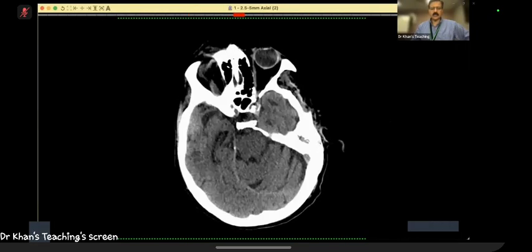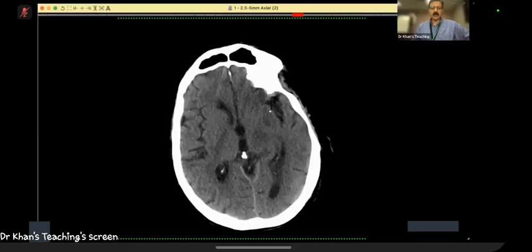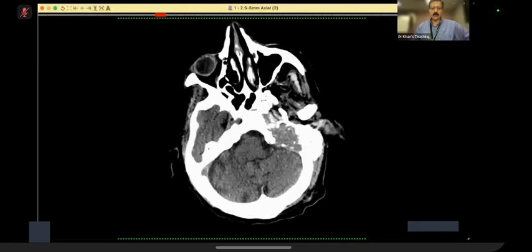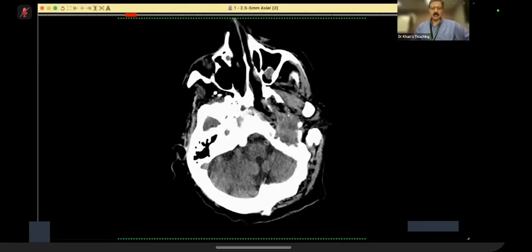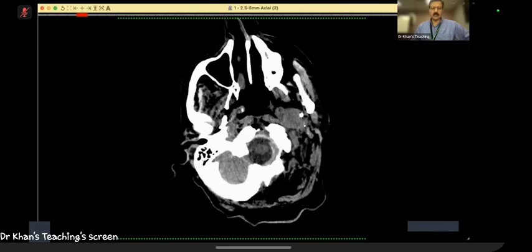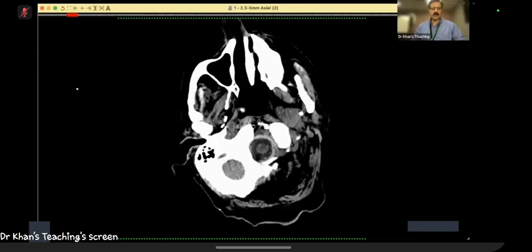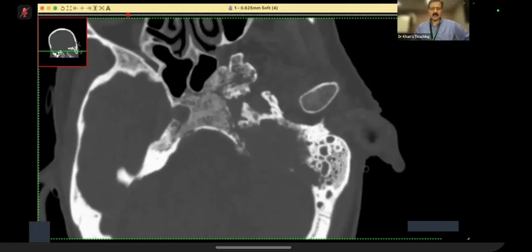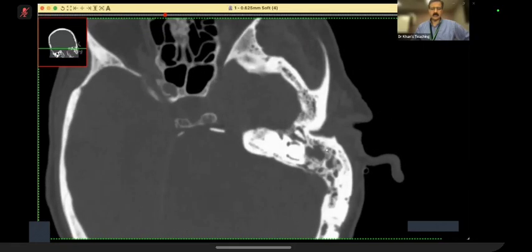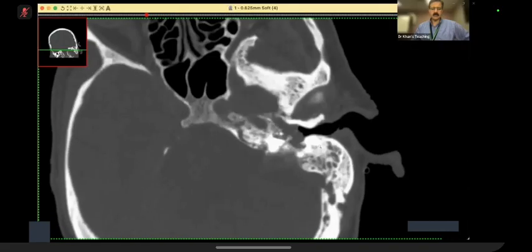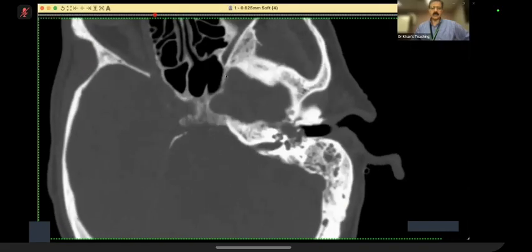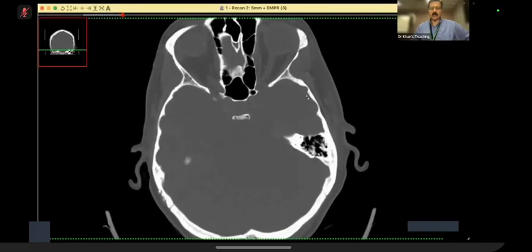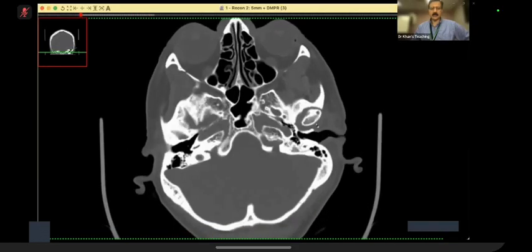So let me go through this. Now, candidate did very well, picked up this lesion here. Even the soft tissue component was seen, without contrast, going into the carotid sheath here. Now, on bone window, what we can see is... Let me show you normal cochlea and anatomy.